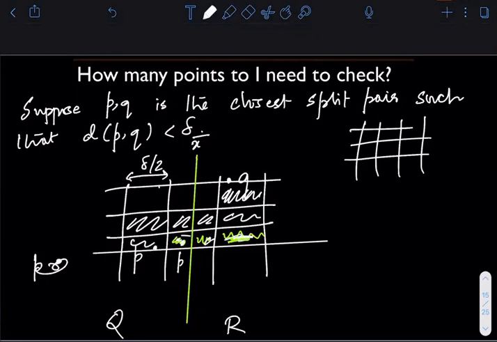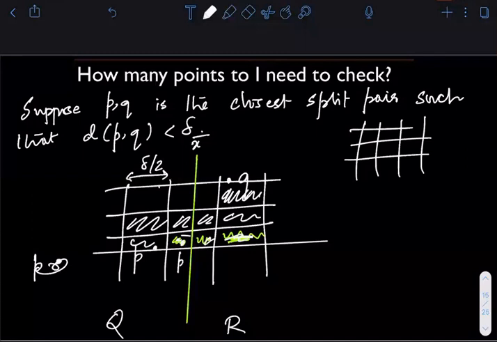You can make it 5, 6, whatever. I am not bothered about optimizing those small constants, but clearly the points P and Q cannot lie beyond these 8 boxes. That is the take home message.